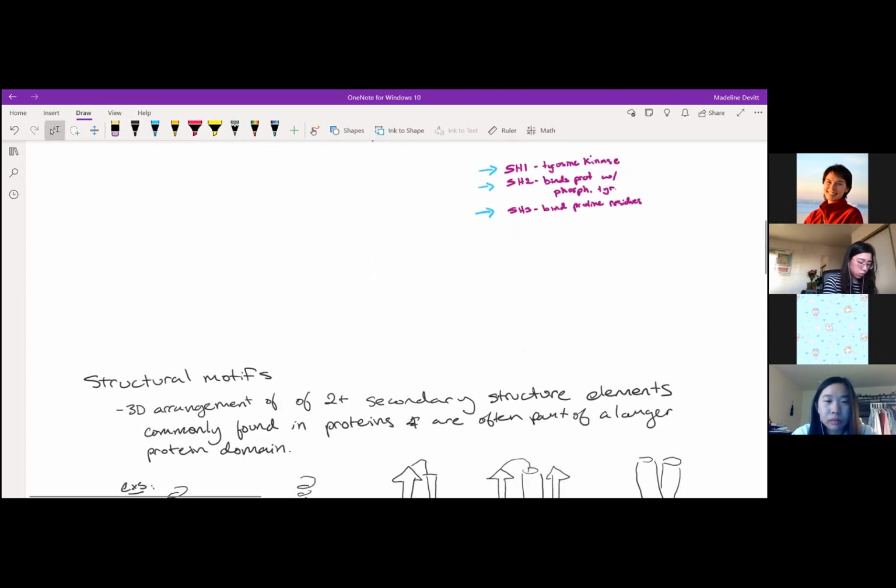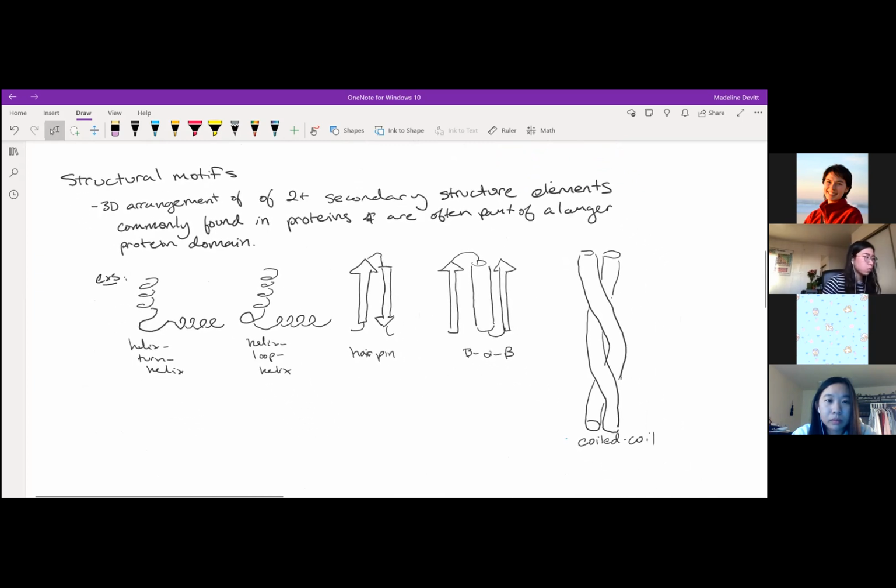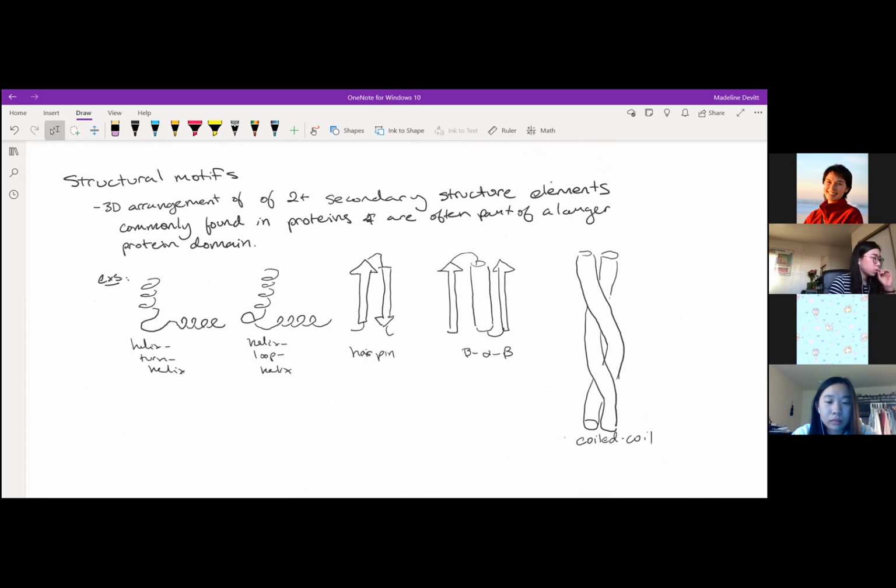We also discussed structural motifs that are often found in proteins. These are 3D arrangements of two or more secondary structural elements, commonly found in proteins and often part of larger protein domains. You probably don't have to know any specifics except for the coiled-coil domain, but these are just some examples.